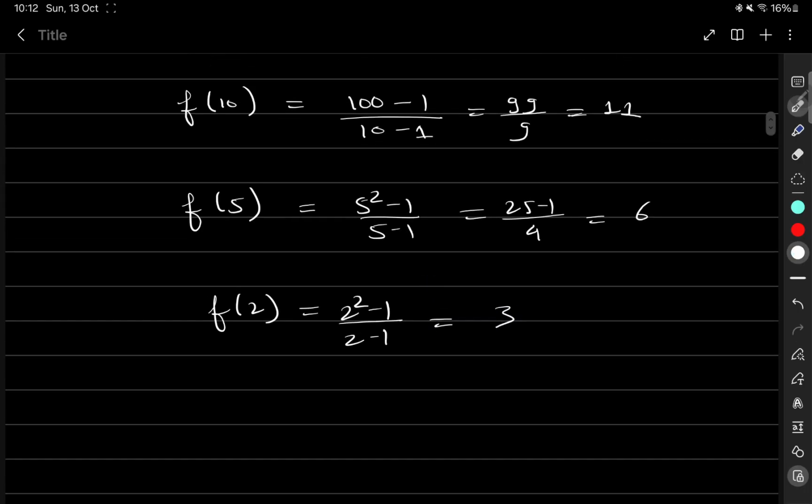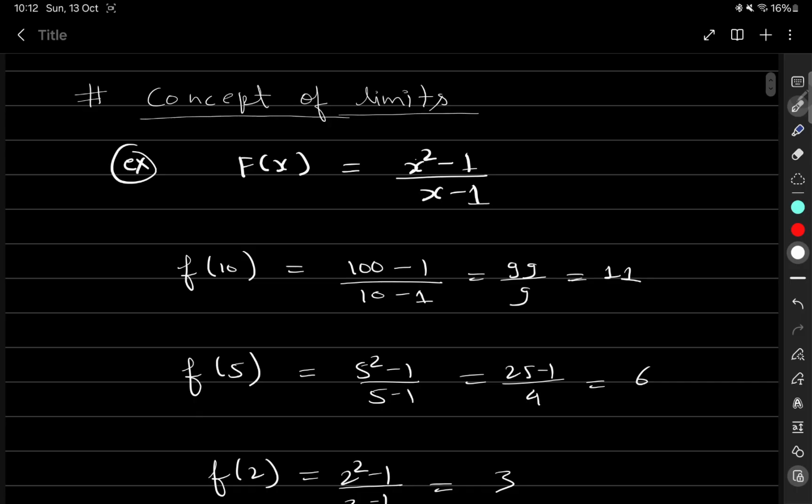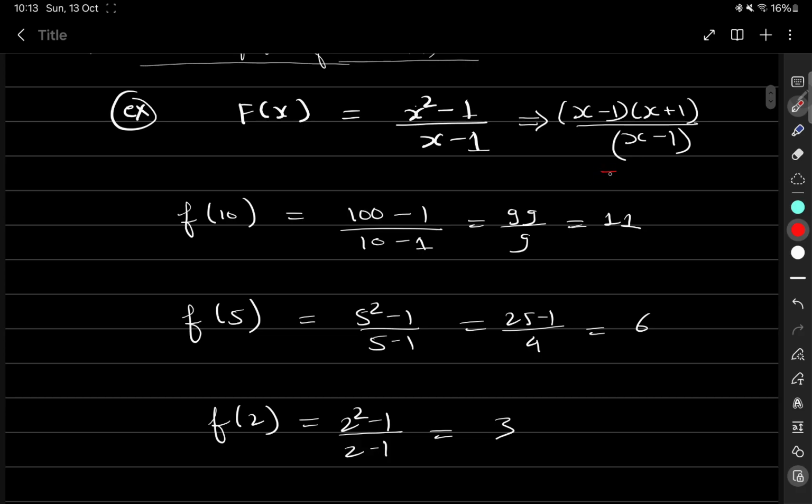Okay, got it. Now a very intelligent student in the class, like Bhola, says, sir, why are you doing this? We can directly factorize this. How? Sir, we can factorize this, then we can find the value. What are we getting? We are getting x + 1 from this.